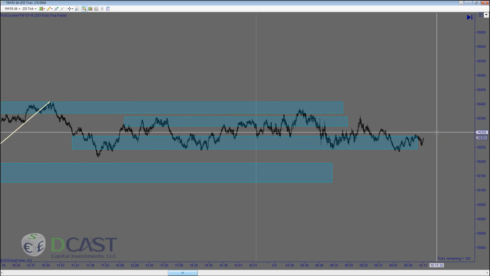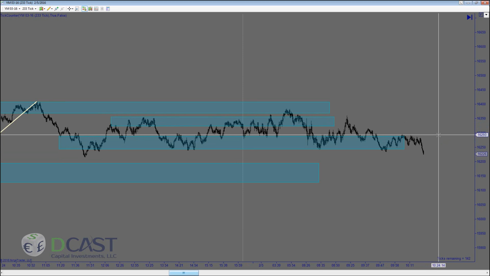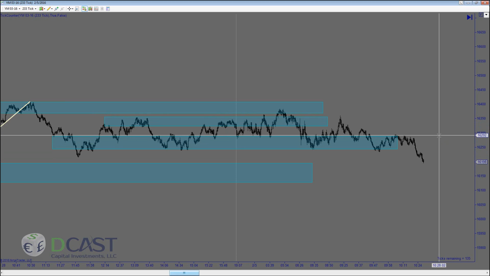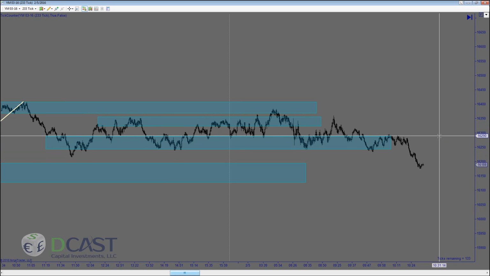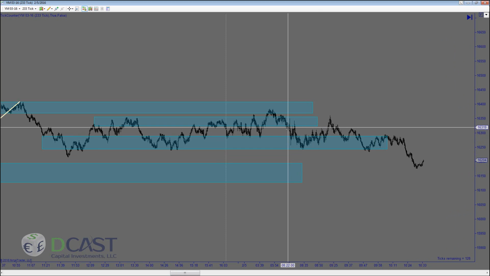And I know it looks like it wants to, and it may very well do that, but that's not our expectation. And price comes on down and does exactly what we said it was going to do when it was where? Back here. How powerful is that?